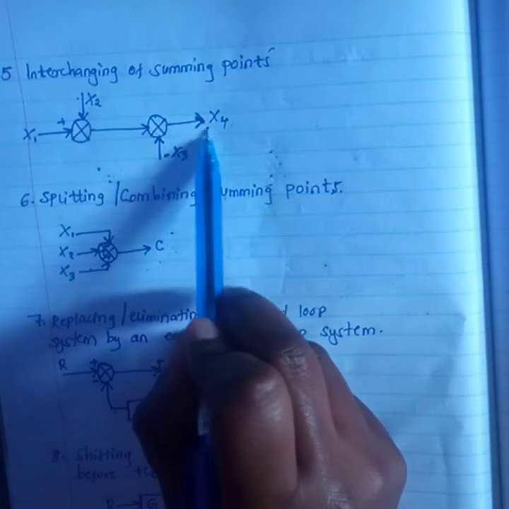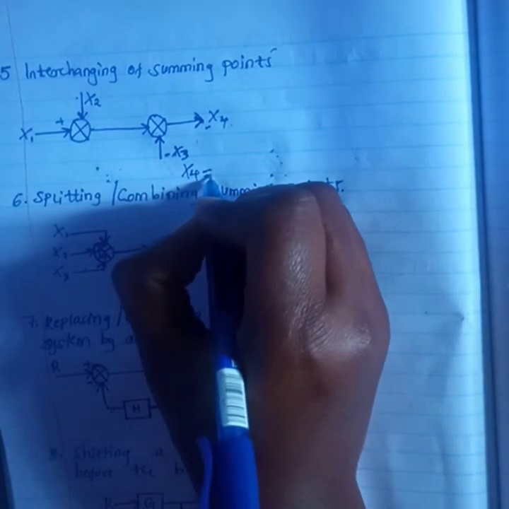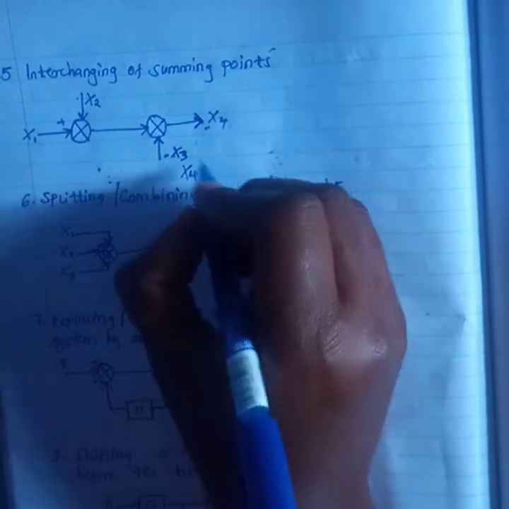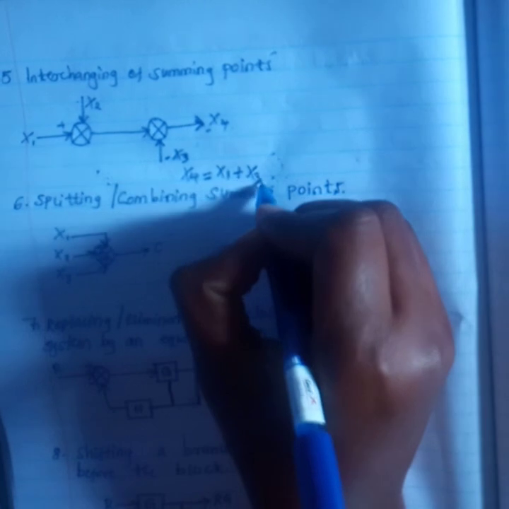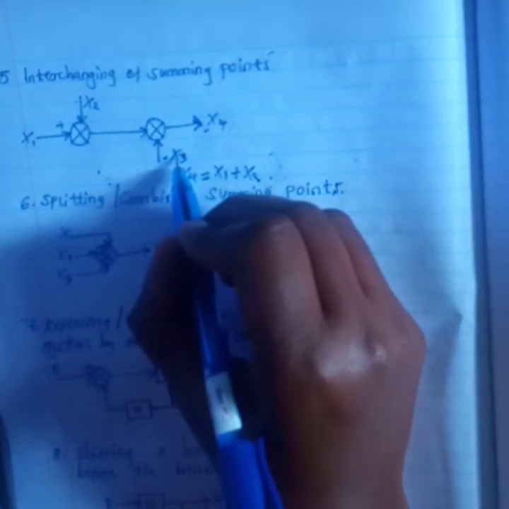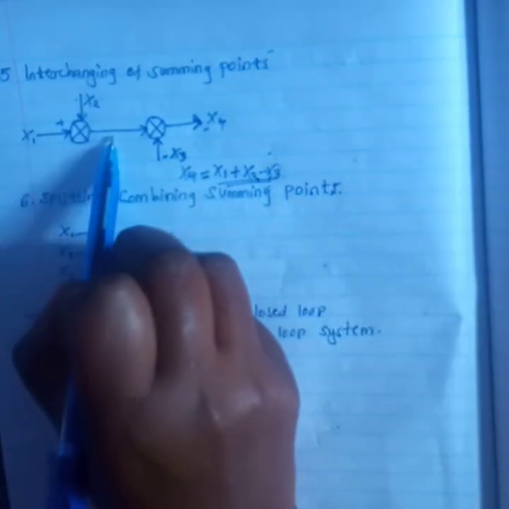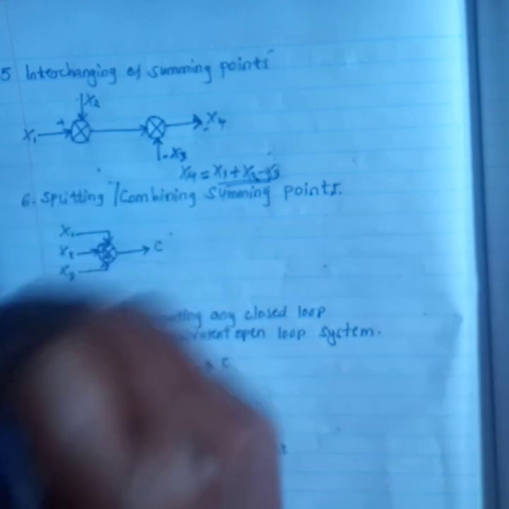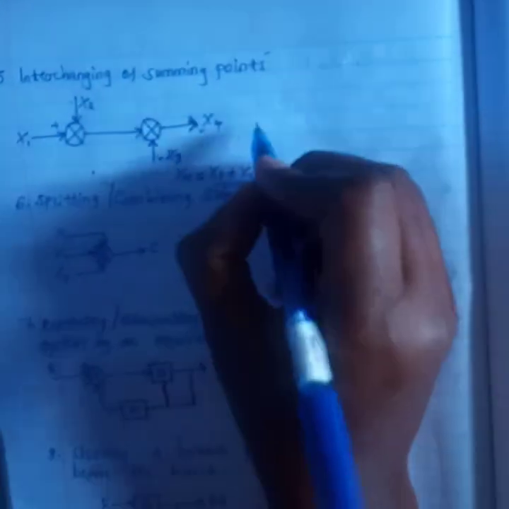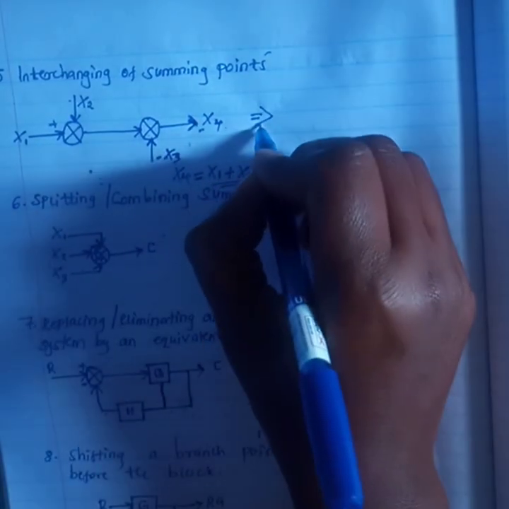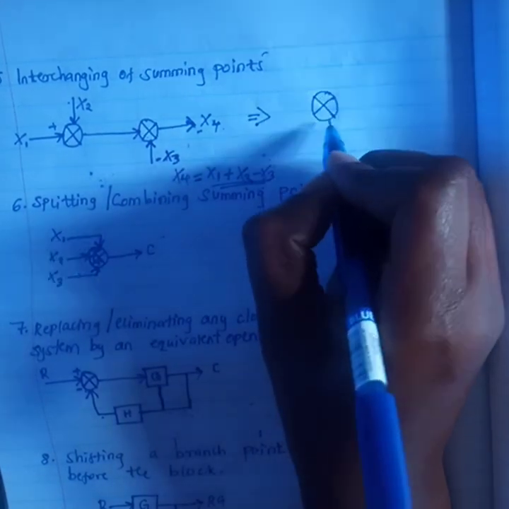So how do we get this output x4? This x4 is equal to, we have positive x1, so I have x1 plus x2, like that. Then plus minus x3, we'll have minus x3. That is our output for this case. If I'm simplifying my block diagram, I can represent this with just a simple diagram that has a summing point like that.